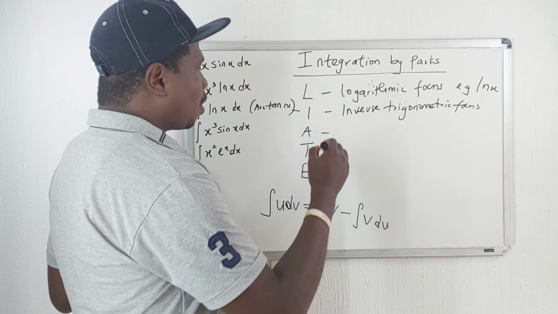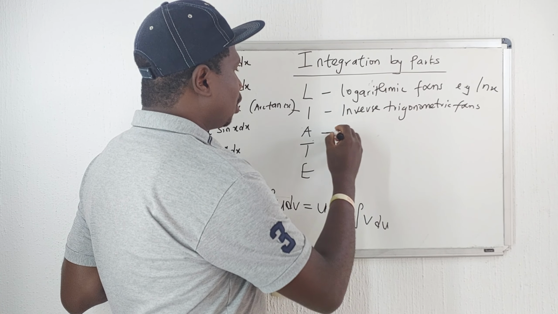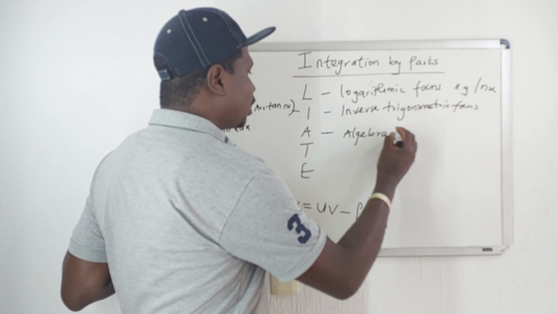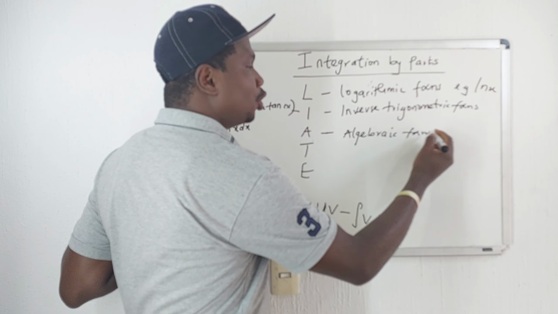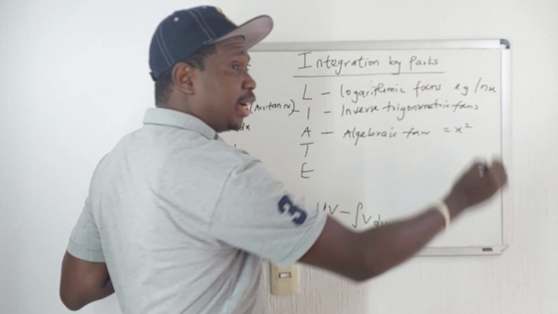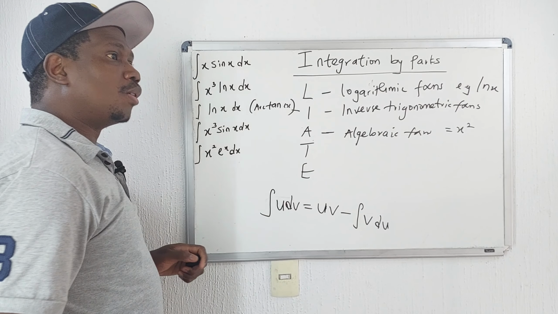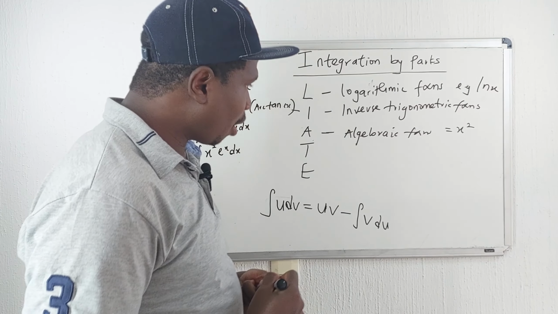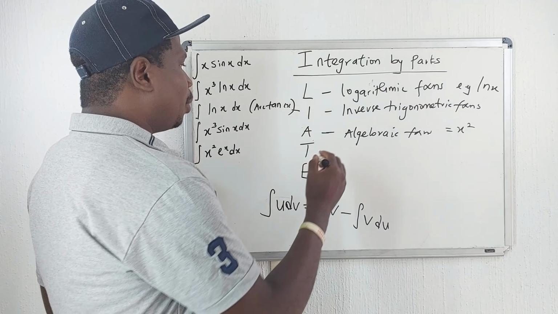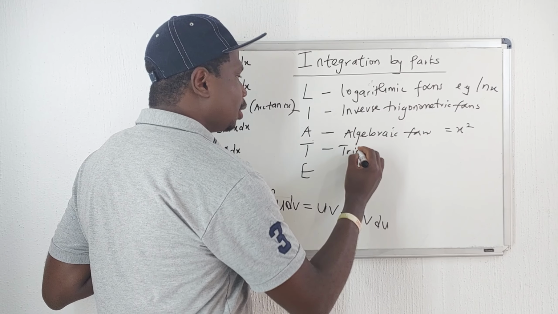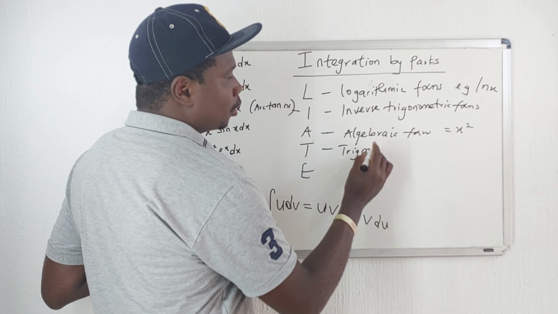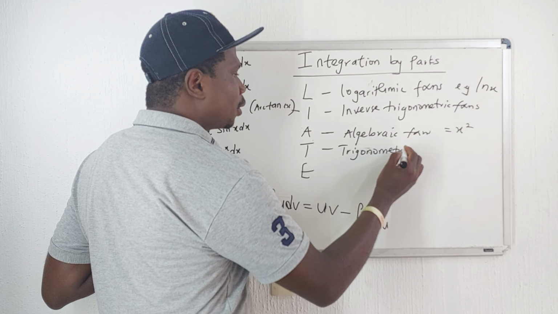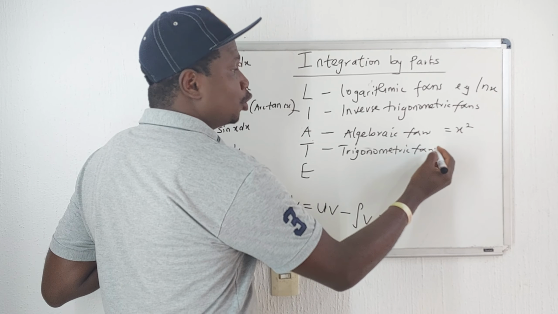Then this is one we call the algebraic functions. For example, we have x squared. Then our T is the trigonometric functions.